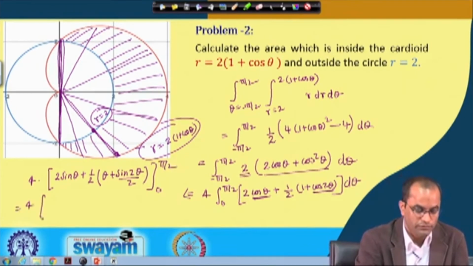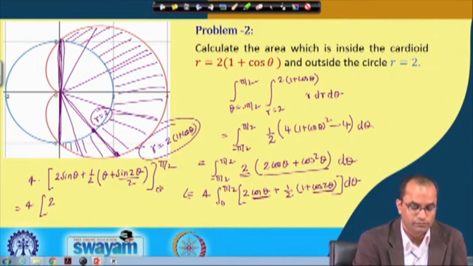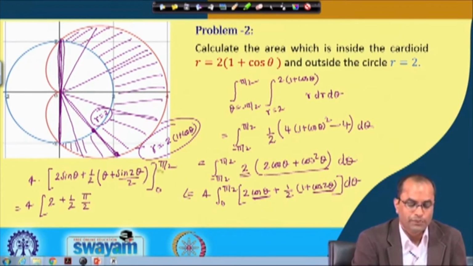So, this is 4 times 2, and sine pi by 2 will be 1, again sine 0 will be 0. Here half theta will give us pi by 2, and then sine pi minus sine 0 is 0. In either case this will be 0 when we put the limit.